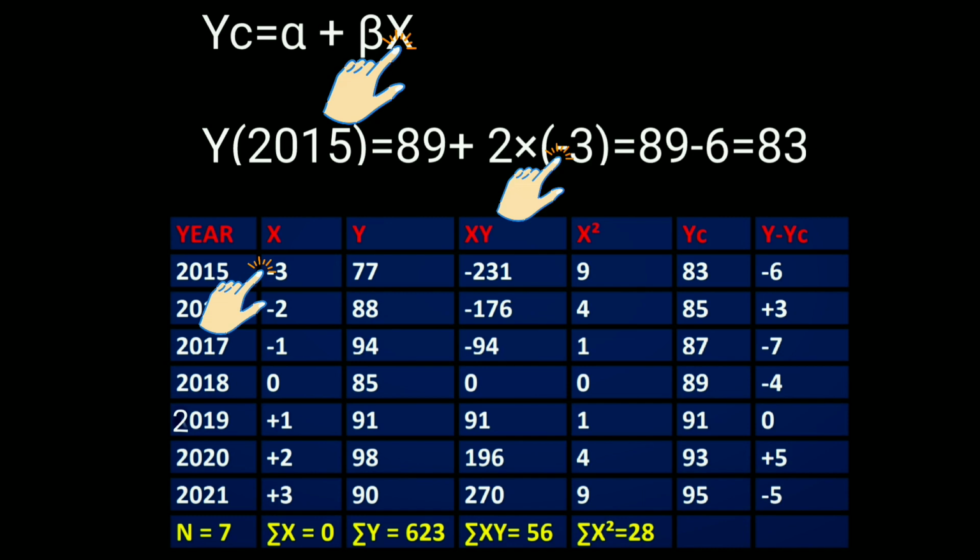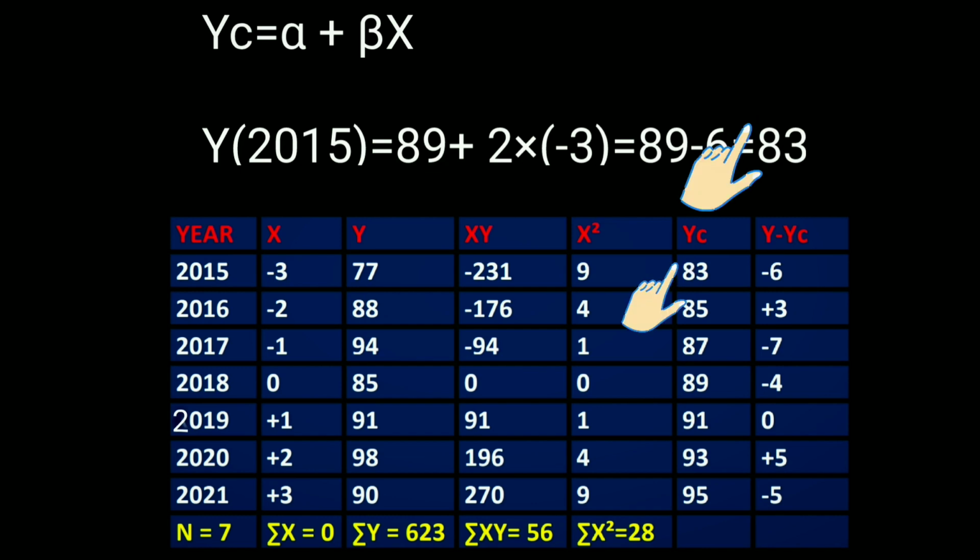For the year 2015 the x value is -3, so the estimated sales for 2015 is equal to 89 plus 2 into -3, because in the place of x we have written -3, since the value of x for 2015 is -3. So finally we got the value 83, and for the remaining years, if you calculate in this process, you will get the same result.